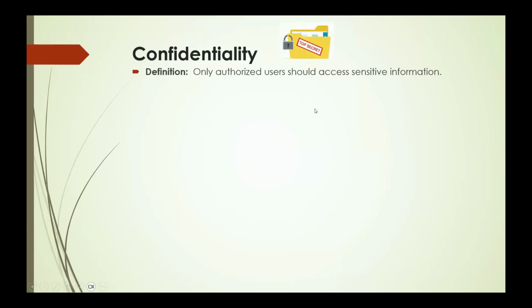Not everyone should see our data. Examples are bank passwords, your medical records, salary information, government identity data like SSN, Aadhaar card, and some personal chats.